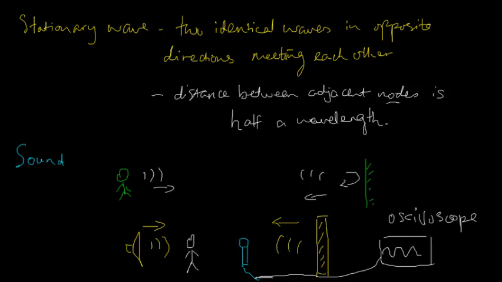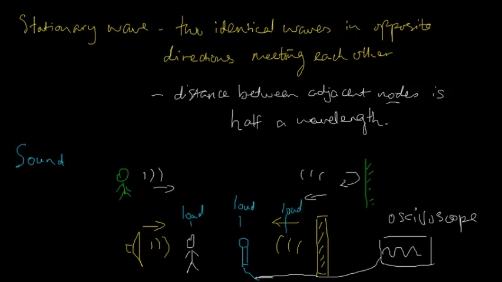So for example, we might imagine that when I'm at this position, it is loud. Okay, and maybe when I'm here, it is loud. Maybe when I'm there, it is also loud.